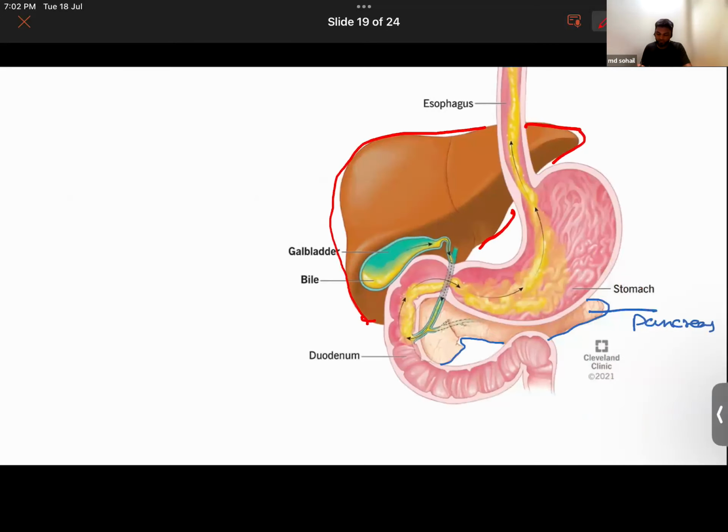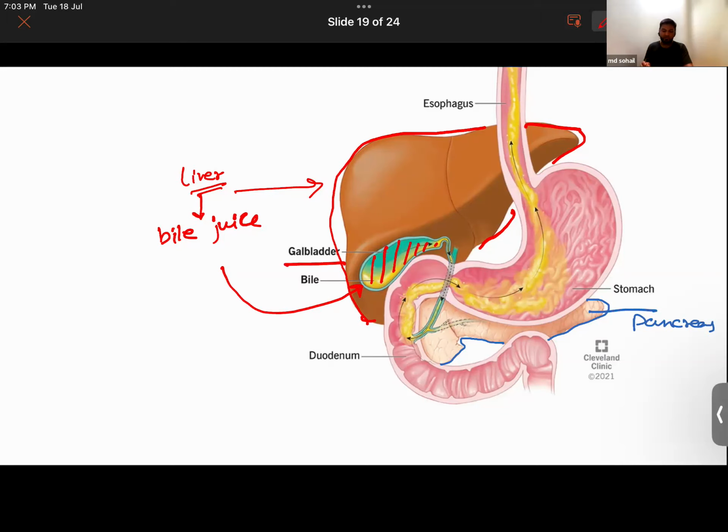Temporarily, it is stored in the gallbladder over here. You see this liver over here, which is secreting the bile juice. The bile juice is stored where? See this yellowish and greenish structure over here, the gallbladder. So for a temporary time, the bile juice is stored in the gallbladder.